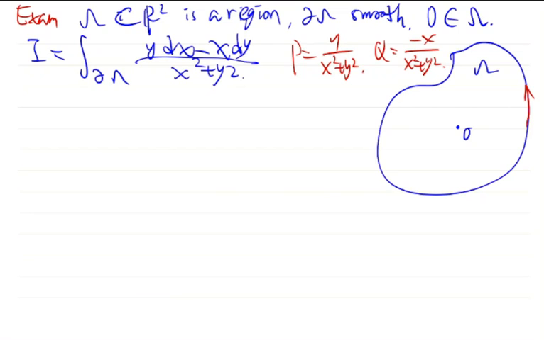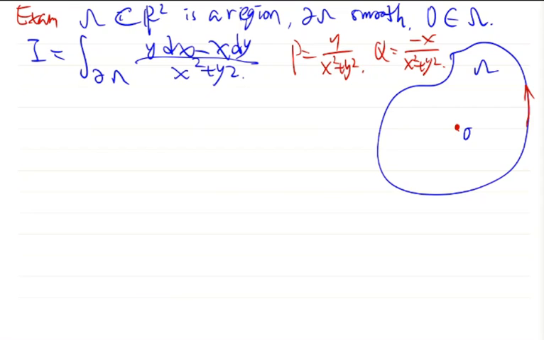The problem is that this P and Q are not continuous at the origin. So you cannot apply the Green formula to this problem.